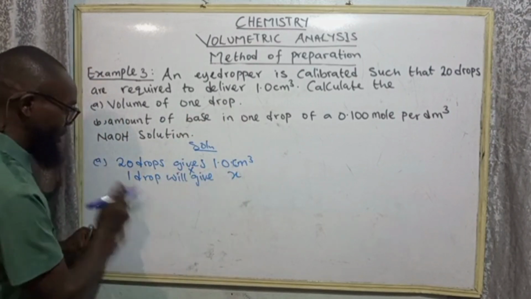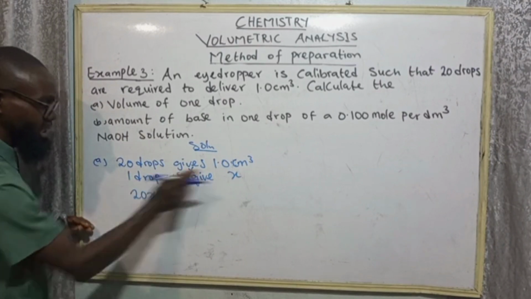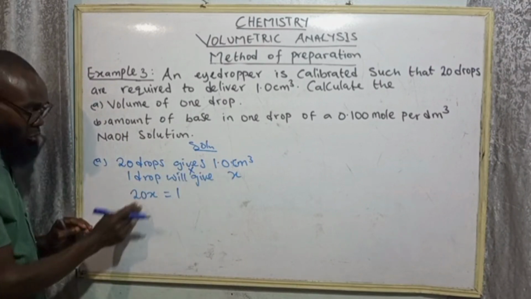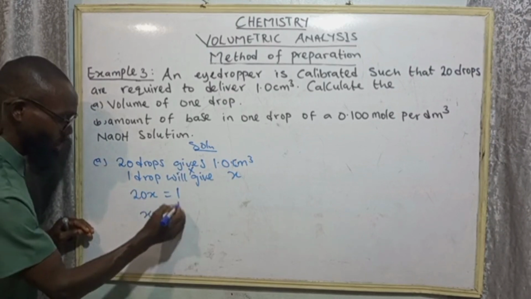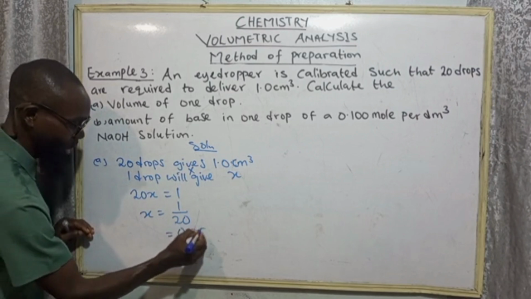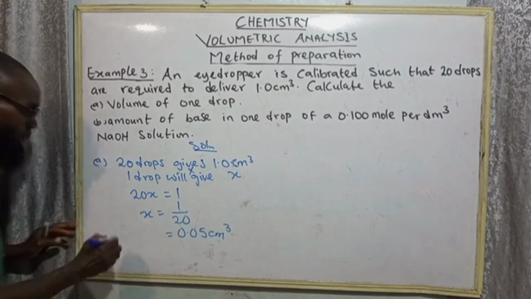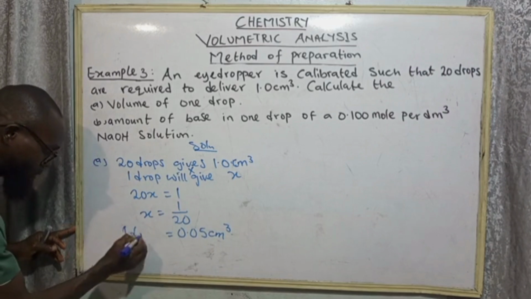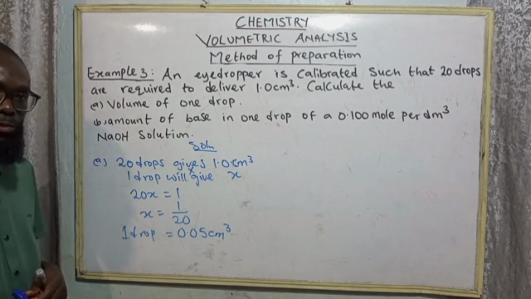First multiply 20 times x. 20x equals 1 times 1, which is 1. To get my x, I have to divide both sides by 20. x will equal 1 divided by 20, which equals 0.05. The unit is cm³, which means 1 drop will equal 0.05 cm³.